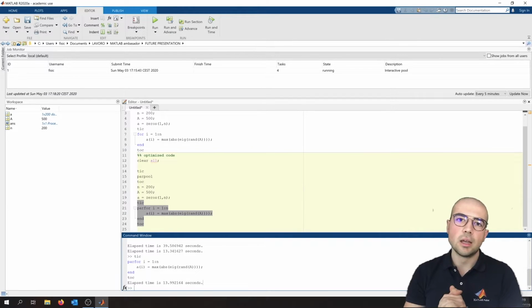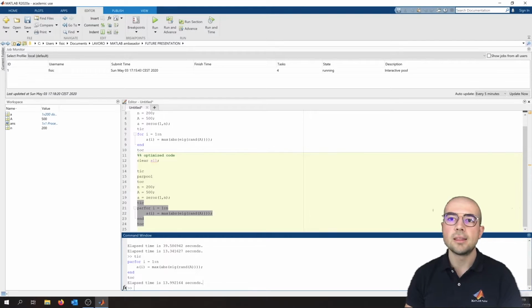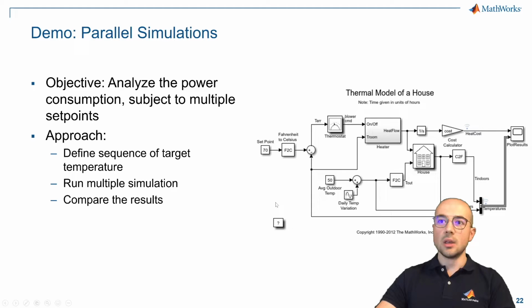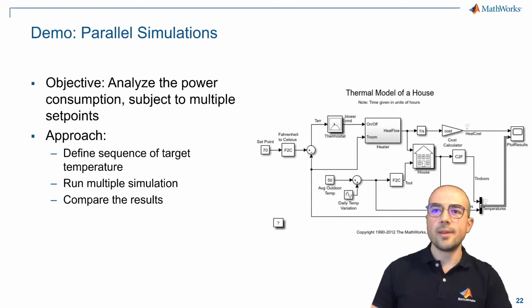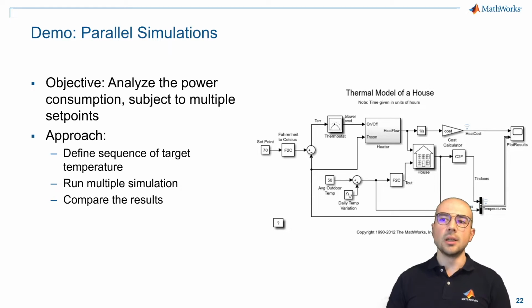Okay, now let's move back to the presentation and let's see another example. Now I would like to show you the capability of scaling up on multiple cores, also with simulation. In particular, I would like to show you the heat exchange of a house.